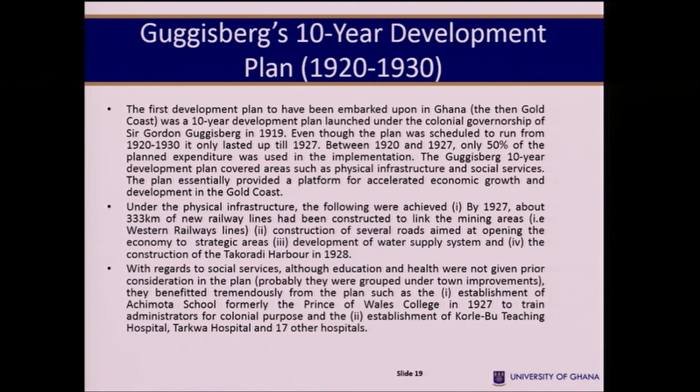One of these plans is the Guggisberg 10-year development plan, which I have talked about earlier on, and some of the development policy interventions in this plan. This would be the first plan for Ghana, or the first plan that was done in the Gold Coast.